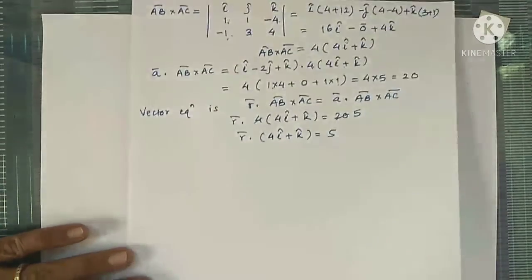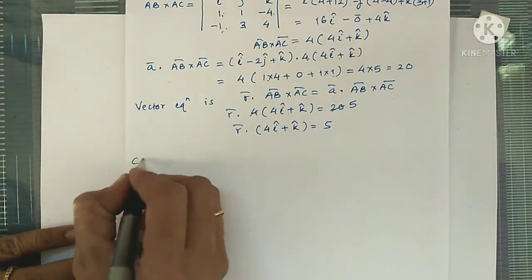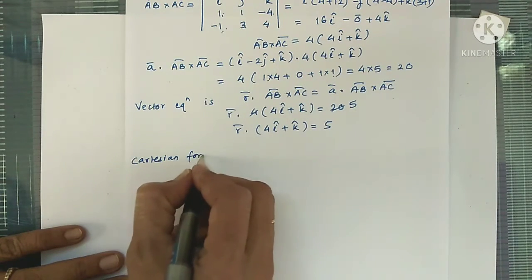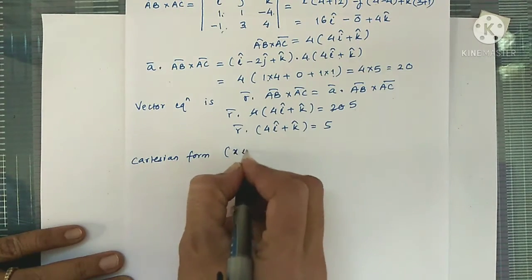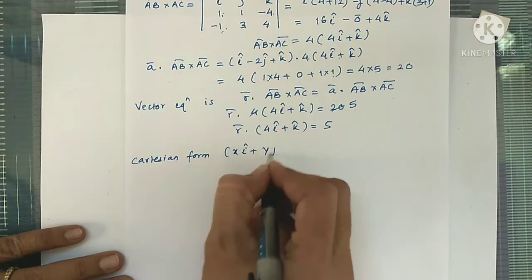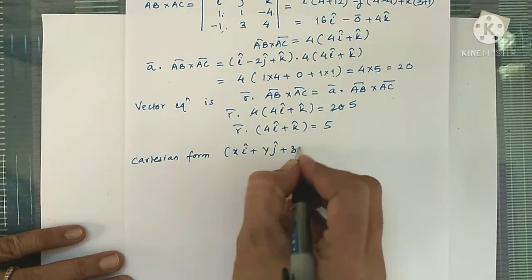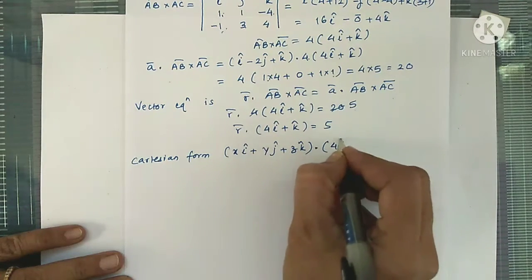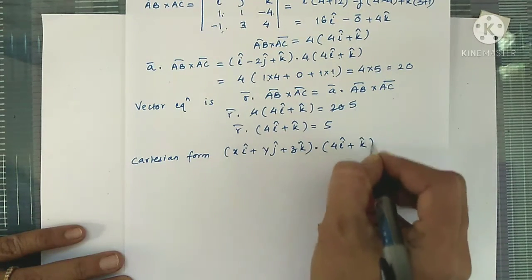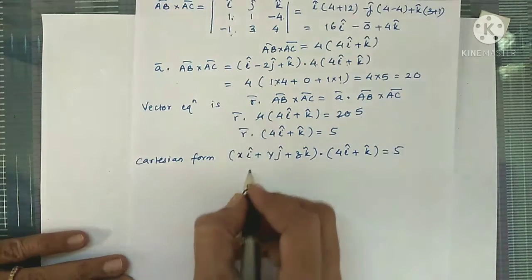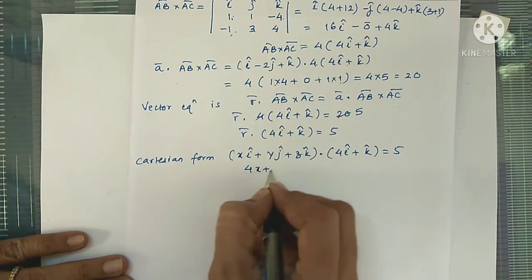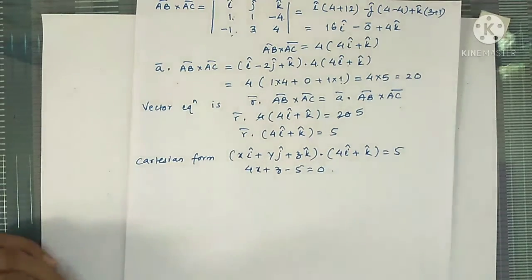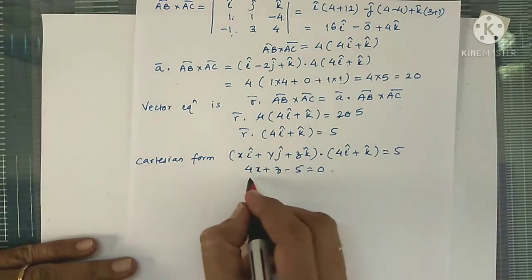So this is the vector form. And for the Cartesian form, (x i cap plus y j cap plus z k cap) dot (4i plus k) equal to 5. So 4x plus z minus 5 equal to 0 is the Cartesian form.